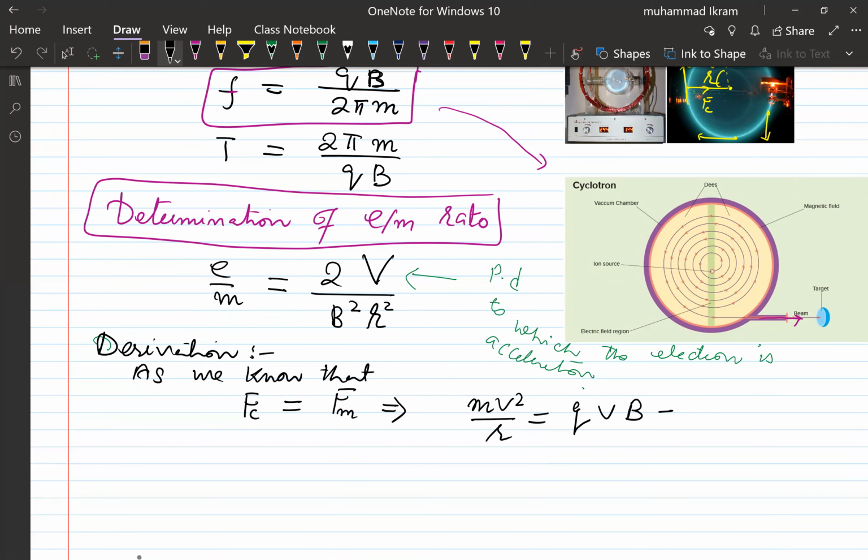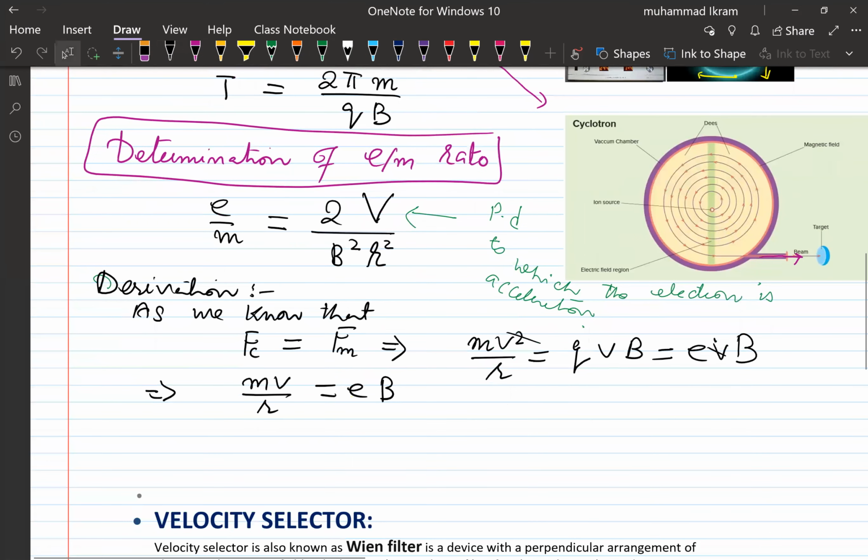But this q is in fact the charge on an electron, so I will be writing e into vB, and you know this v will get cancelled with this. So the required equation, when I adjust this, mv by r equals eB.